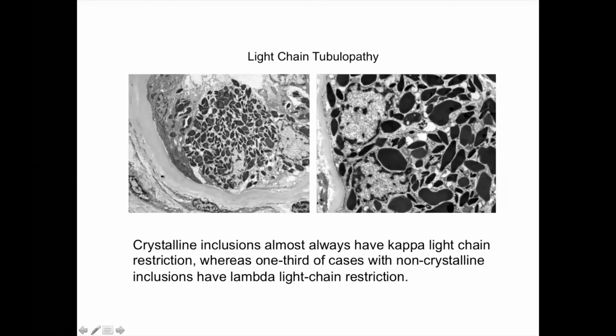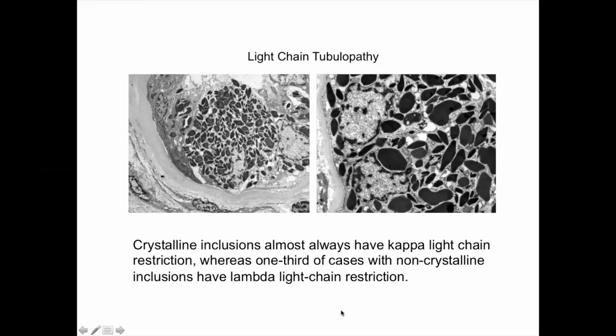We might be able to show that we have crystal formation inside the tubules. They look rhomboid, some kind of prism, I don't know what it's called in Arabic, tell me. So it will look rhomboid and very dark inside the epithelial cell. And these are almost always seen with kappa light chain restriction.